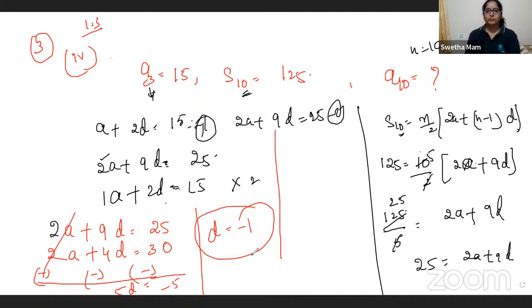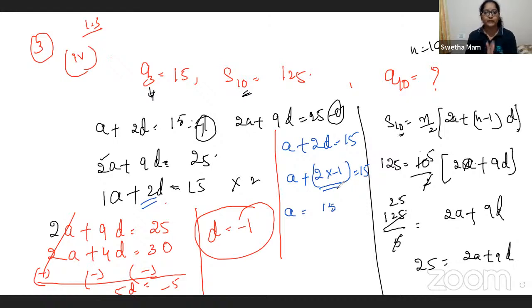So d is equal to minus 1, and we don't know the value of a also. We have to find a. So take this equation, a plus 2d is equal to 15. So a plus 2 into minus 1, use bracket because it is minus sign. So a is equal to 15 as it is, 2 into minus 1 is minus 2. So transpose to right hand side, it becomes plus 2. So a is equal to 17. Yes. d is equal to minus 1, a is equal to 17.